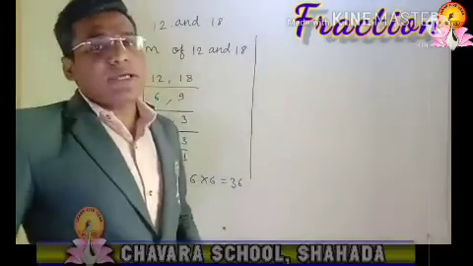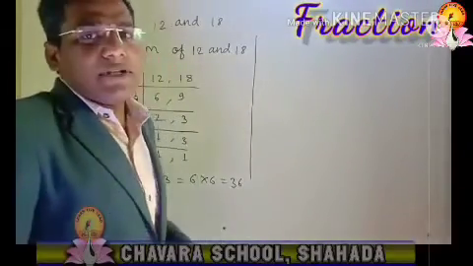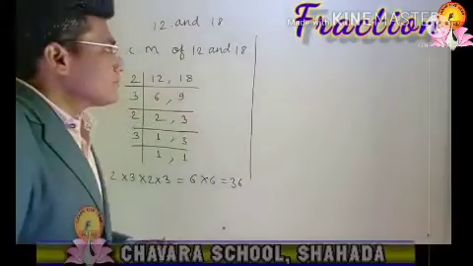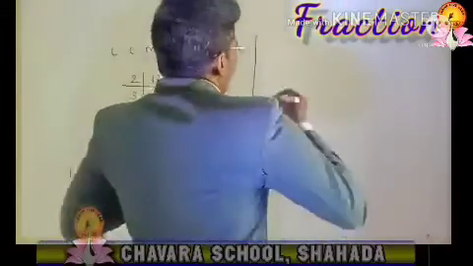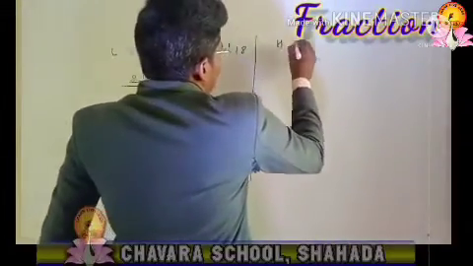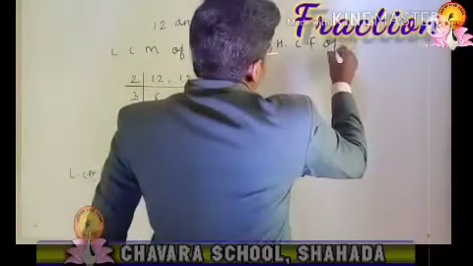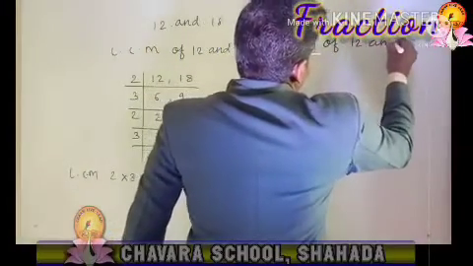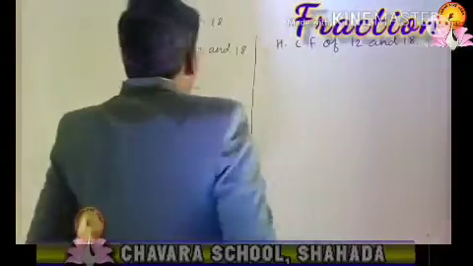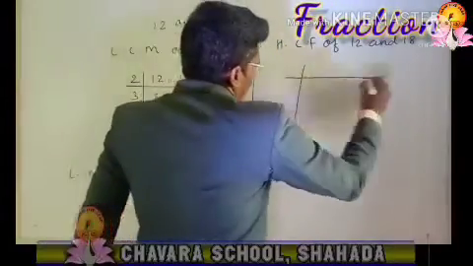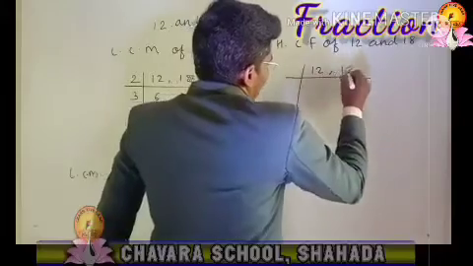Now how to find the HCF of the same numbers, 12 and 18? The process is the same. HCF of 12 and 18. Arrange the numbers in order, 12 and 18.